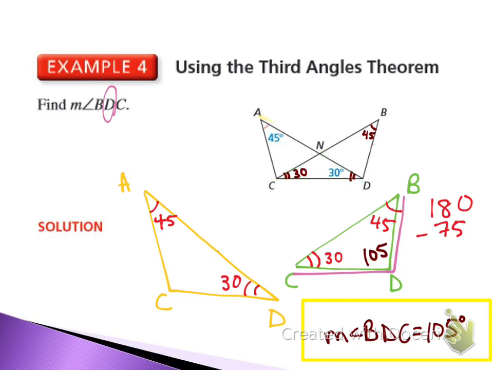So how much is left for this angle up here? 120, which means what is this angle going to be? 60. It's a linear pair with 120. Which means across from it would be 60. You got another triangle. You got 60 and 45, which means how many degrees is that? 105. Subtract that from 180, and that is 75.